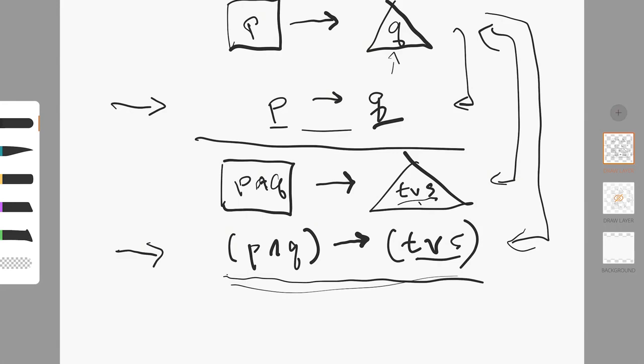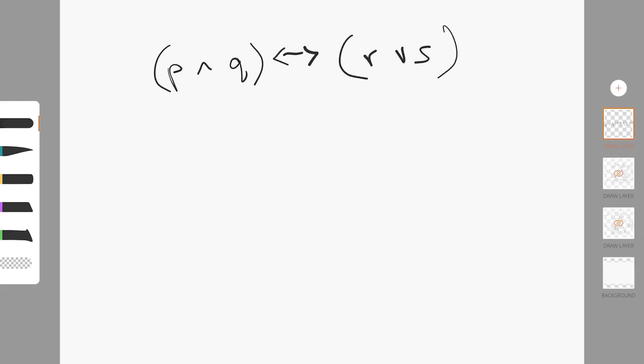Now let's consider operator scope. In this part of our discussion, let's start with some expression that's a molecular expression like P and Q is equivalent to R or S. All right?